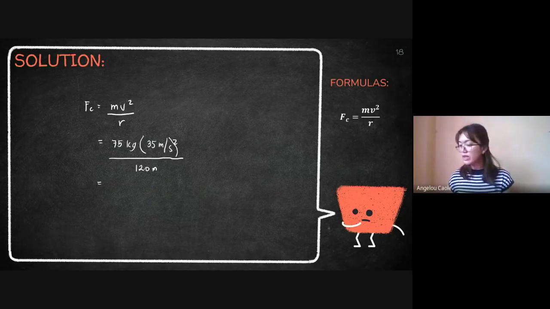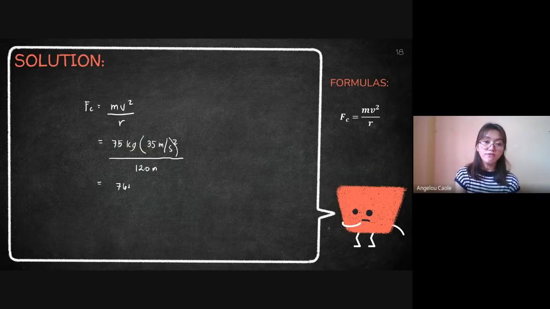So the answer here is, okay. Allow me to have my calculator. So we have 75 times 35 squared over 120, that is 765.625, or we have 765.63.